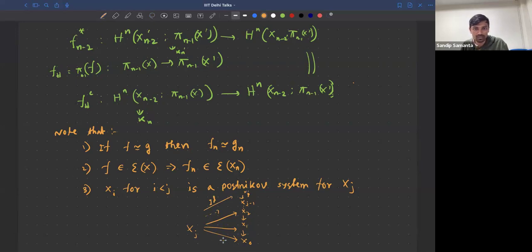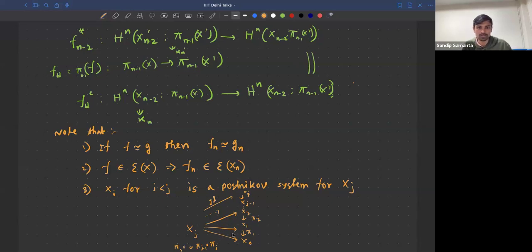And what are these maps? These are basically compositions of the above maps. So if I have pi_1, pi_2, and so on, these are compositions up to all the levels, starting from X_j: pi_{j-1}, all the way up to pi_1.